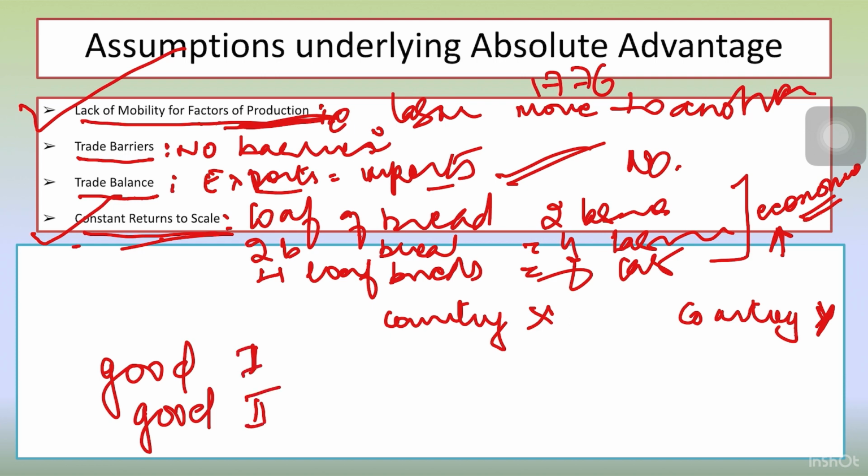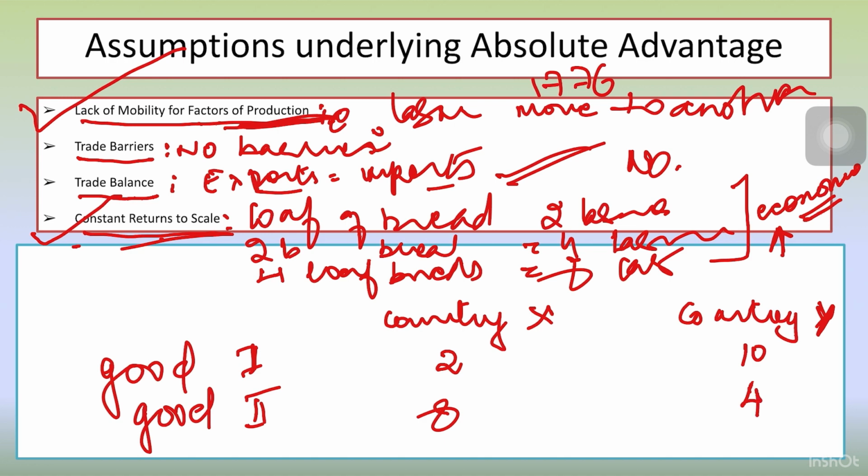Country X is producing good 1, that is 2 units, and country Y is producing 10 units. Further, for good 2, country X is producing 8 units and country Y is producing 4 units.